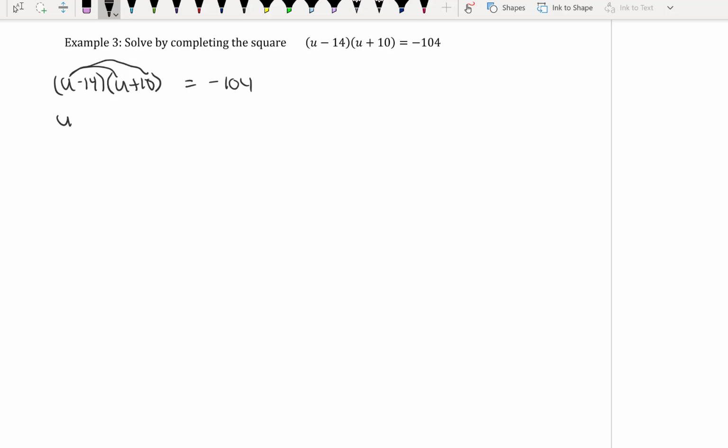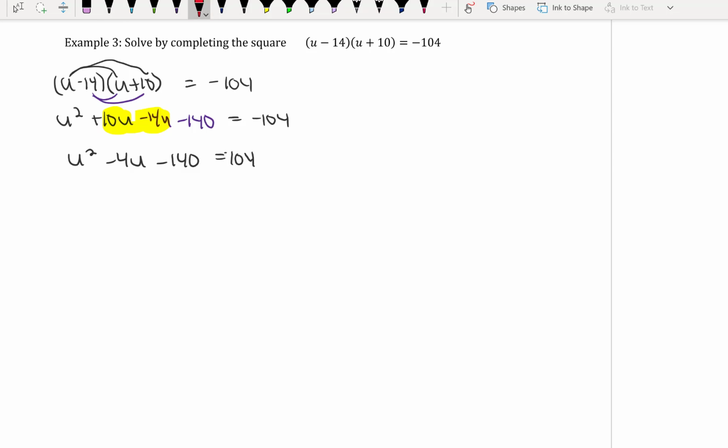So I have my u squared plus my 10u, negative 14u, and a negative 140, all equal to my negative 104. So when I combine like terms, I'm going to have a u squared minus 4u minus 140 is equal to a negative 104.